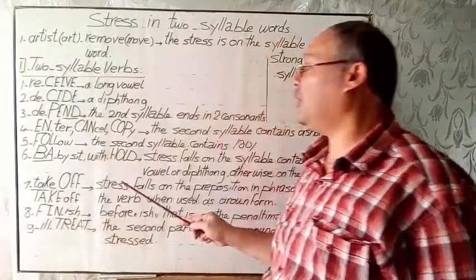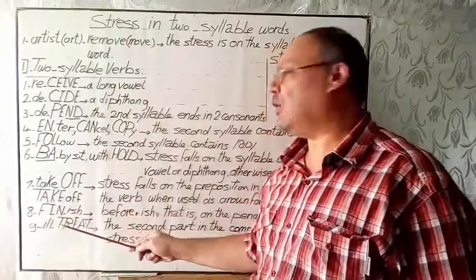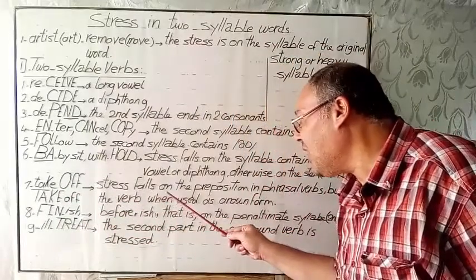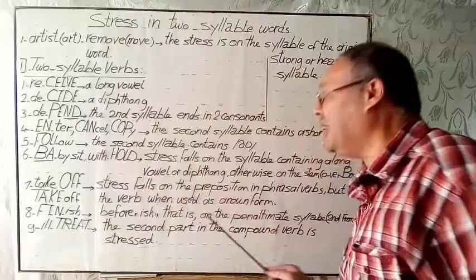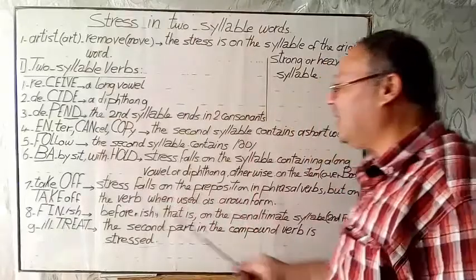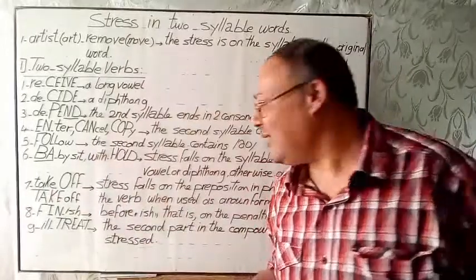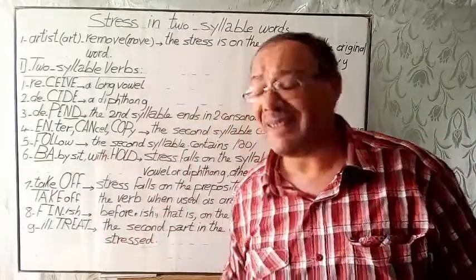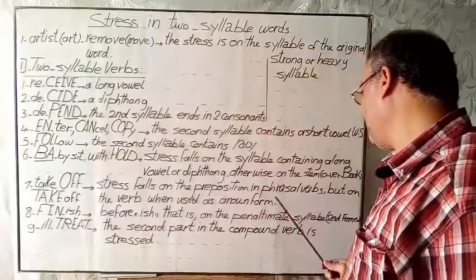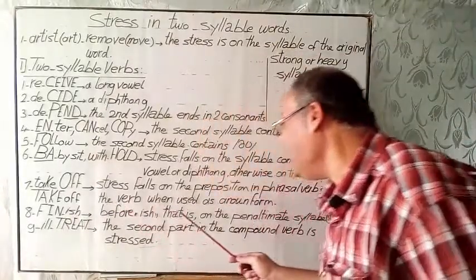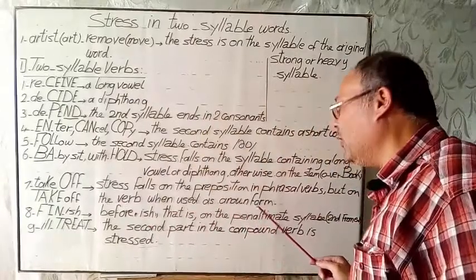Cough up, take off. Stress falls on the preposition in phrasal verbs. So cough up is a phrasal verb and the preposition is stressed, but on the verb when used as a noun form.